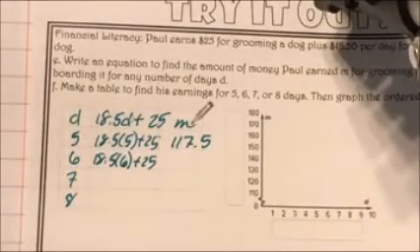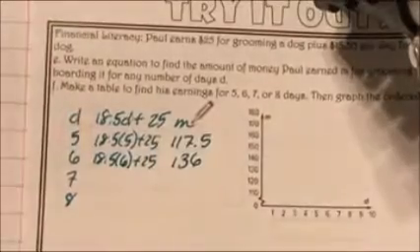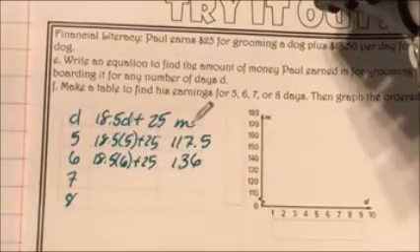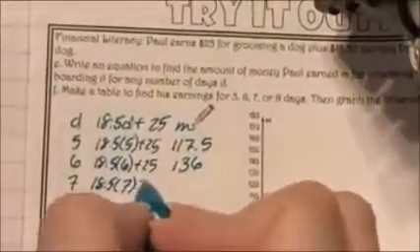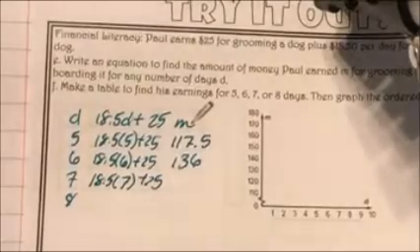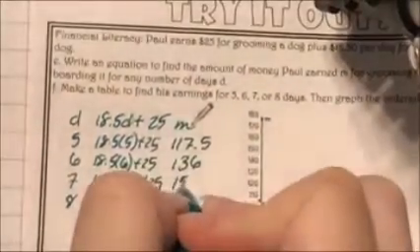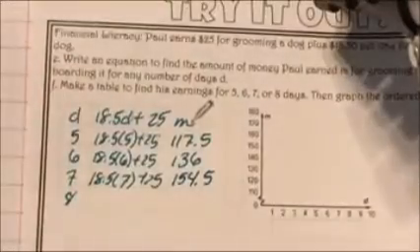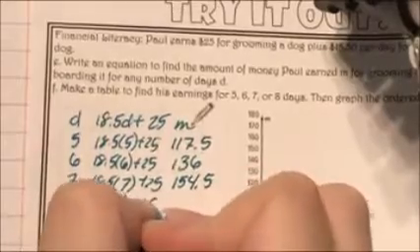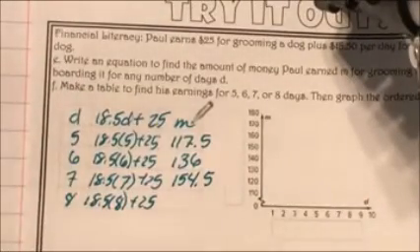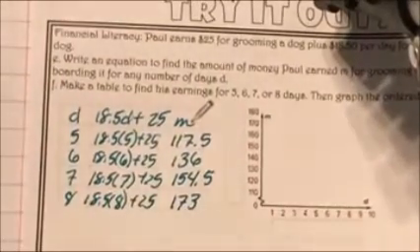18.5 times 6 plus 25 is 136. 18.5 times 7 plus 25 gives me 154.5. And 18.5 times 8 plus 25 gives me 173.